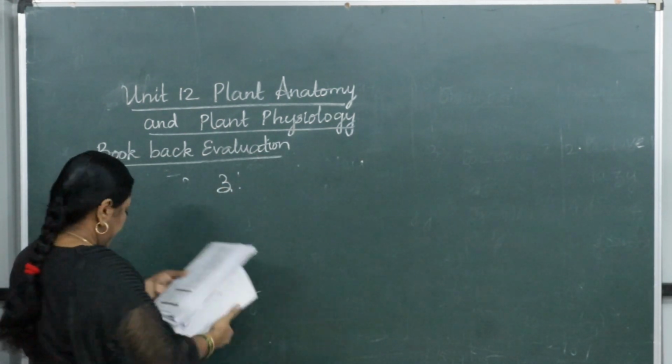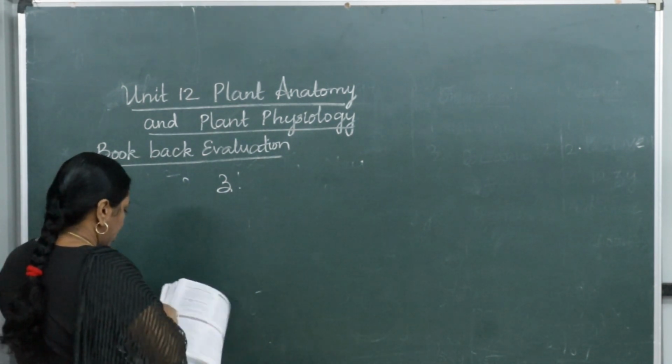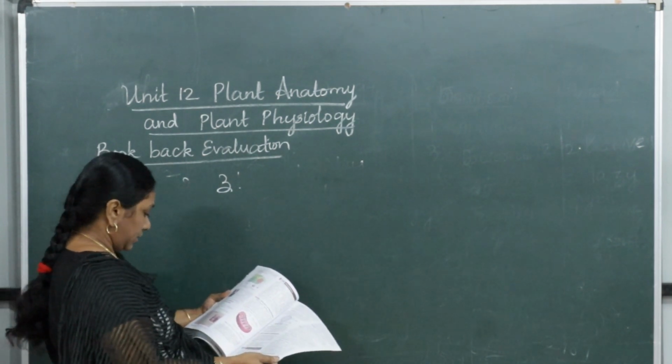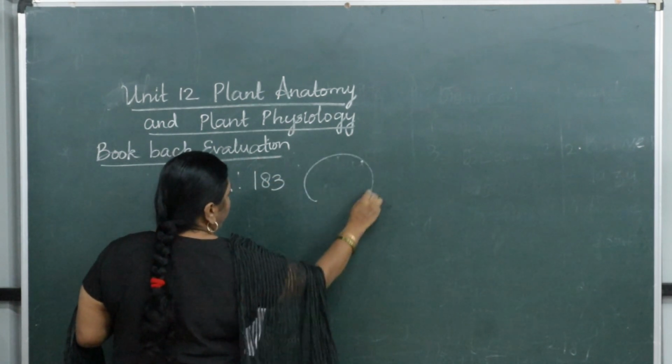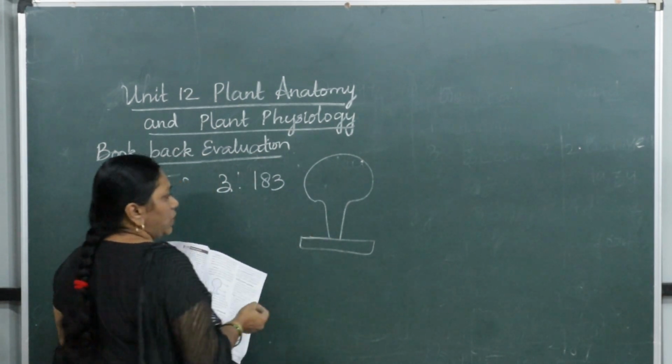Third question is, give the structure of the oxysomes. Oxysome structure is on page number 183 of the reader. Nothing much: draw a round, then a stalk, and below it a base, and this is called oxysomes. Actually, what are oxysomes?